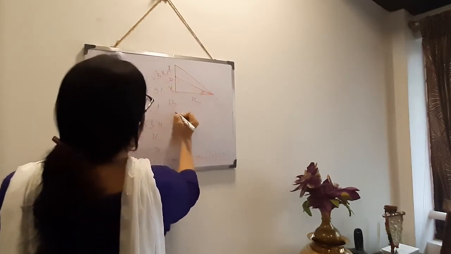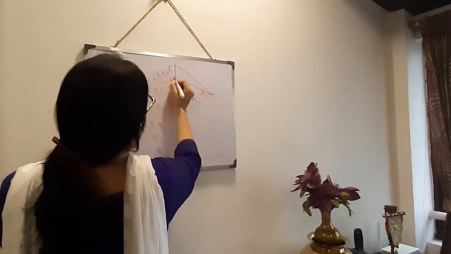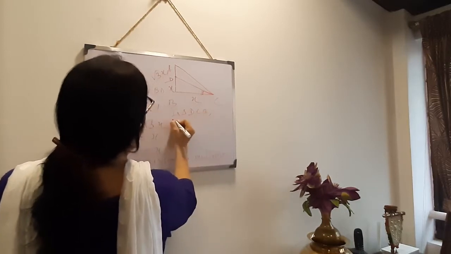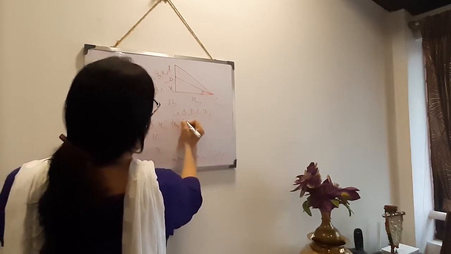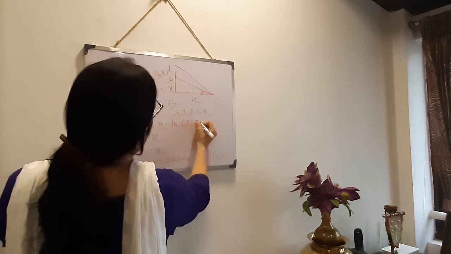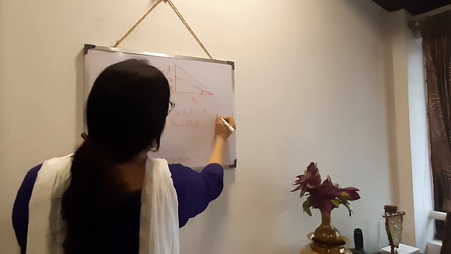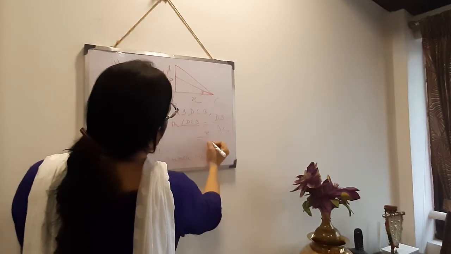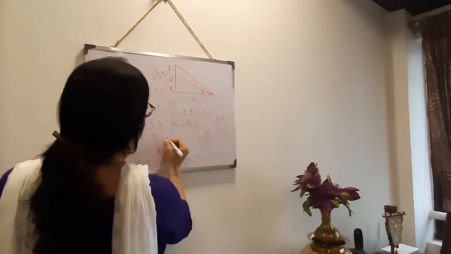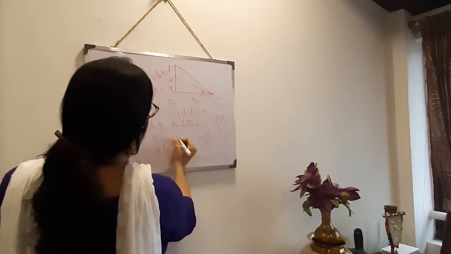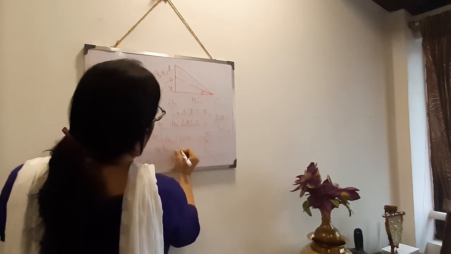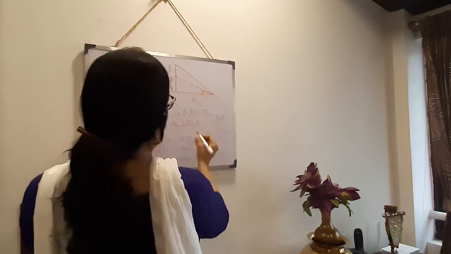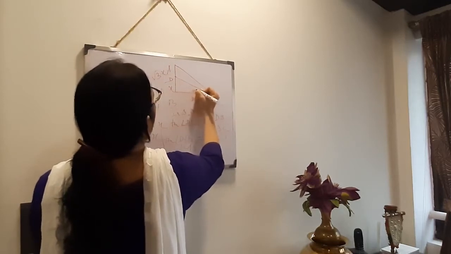So first in triangle DCB, tan angle DCB equals to perpendicular by base, that means DB by BC. DB is also x, BC also x, it is coming 1. That means tan angle DCB is coming tan 45 degree. So angle DCB is coming 45 degree.